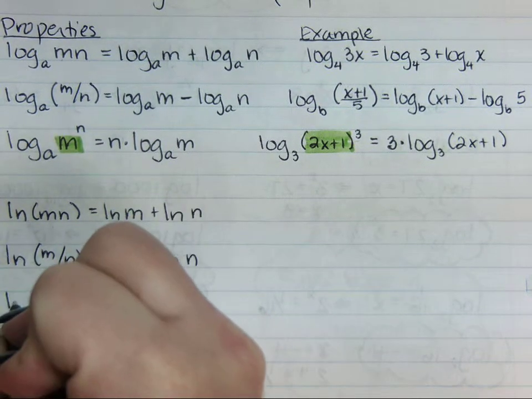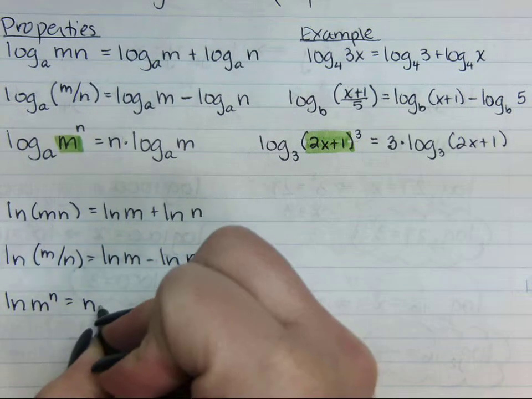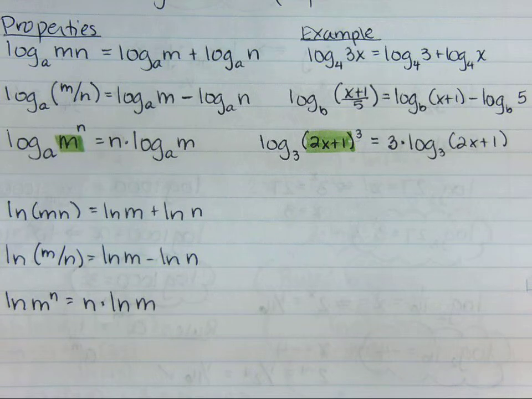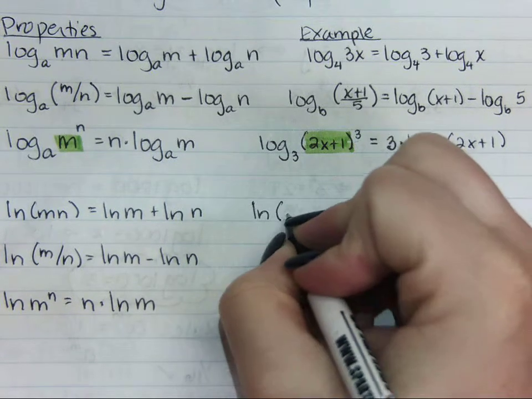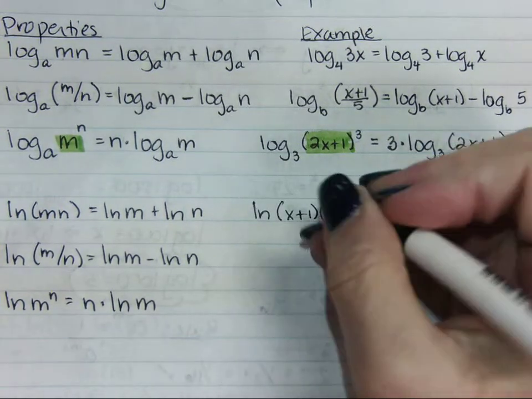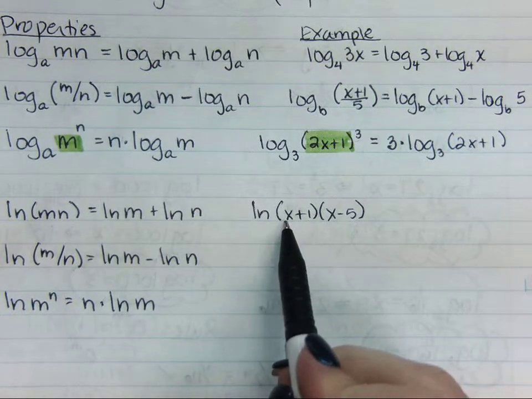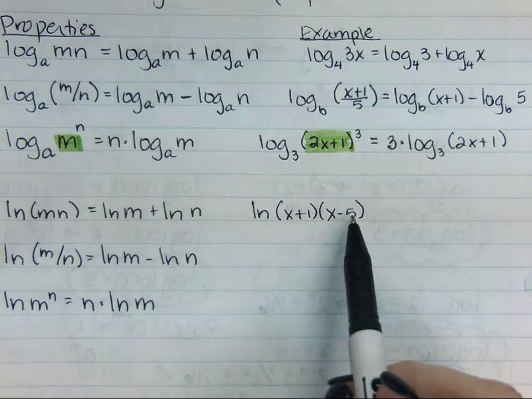And then you also have your power rule: a multiplicative factor times the ln of the value. You can see some examples of these as well. If I take the ln and maybe I have two binomials being multiplied together, the x plus 1 is considered my m, like over here, and the x minus 5 is my n.